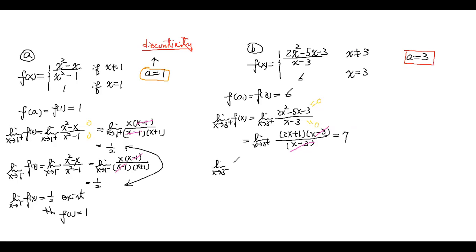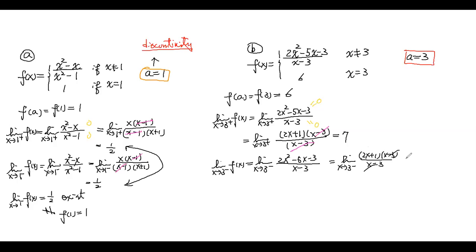And then the same way, you can say the limit as x approaches 3 from the left-hand side, f of x, is equal to the limit as x approaches 3 from the left-hand side of 2x squared minus 5x minus 3 over x minus 3. This will be 2x plus 1 times x minus 3, the same thing, you're factoring.